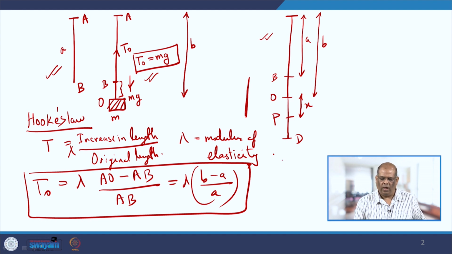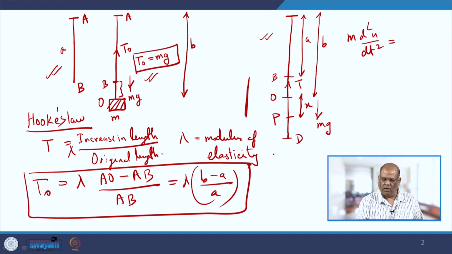So, what will be the equation of motion? The equation of motion will start with m d2x dt square, and you have pulled it in this direction where there is mg and there will be a tension T.